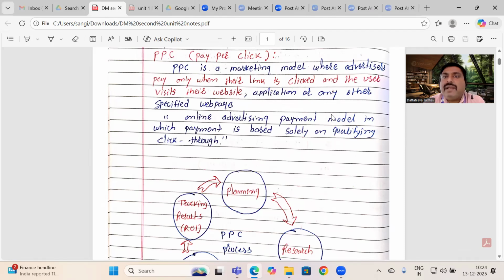So PPC is a marketing model where the advertiser pays only when their link is clicked and the user visits their website, the application, or any other specific website. So in this type, we have to pay people when they click on the link we have given for our product, or they open our application, visit our application, visit our website, and do some specific action or utility.